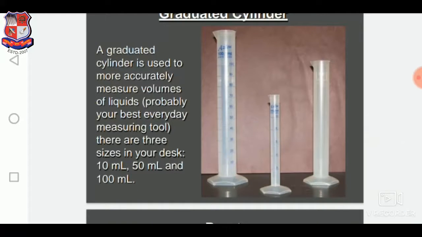These types of cylinders are generally used for more accurate measurements of volumes of liquids, probably your best everyday measuring tool. And there are three sizes on your desk: 10 ml, 50 ml, and 100 ml.